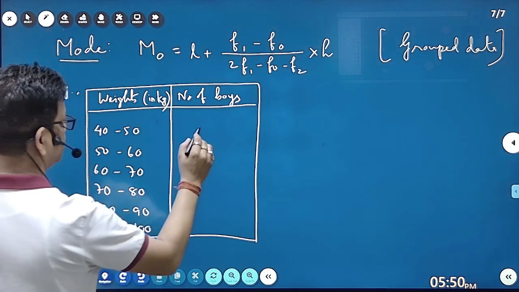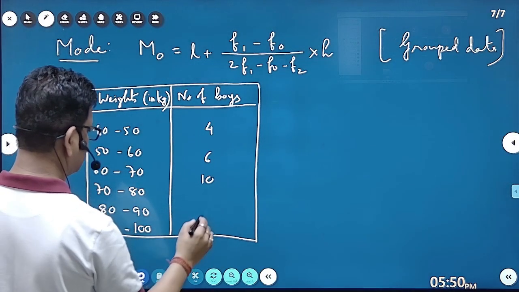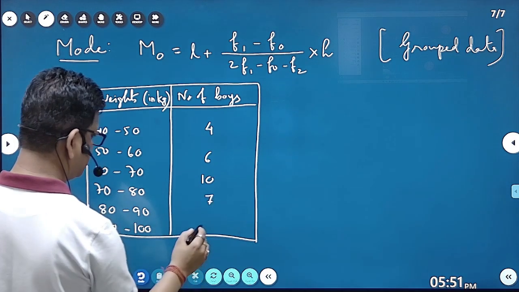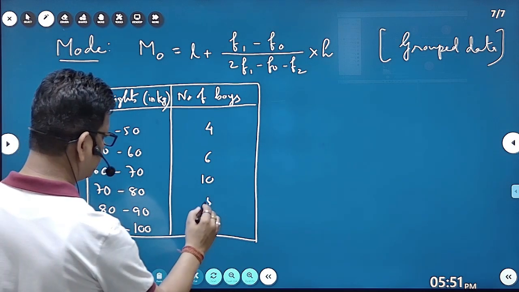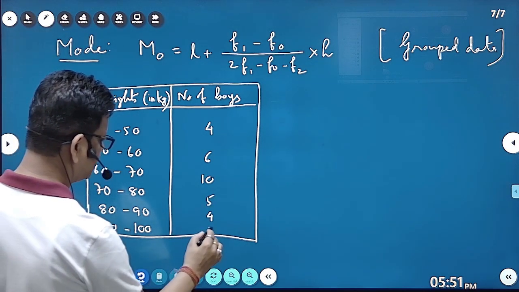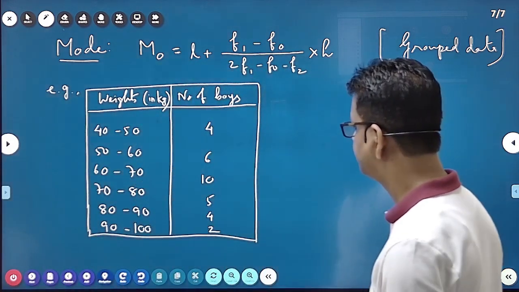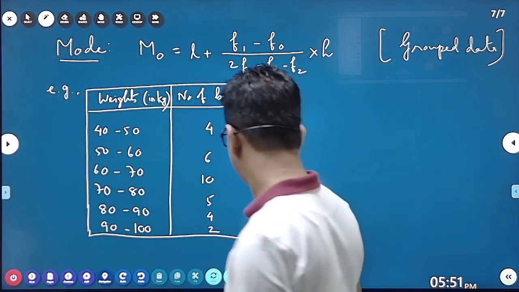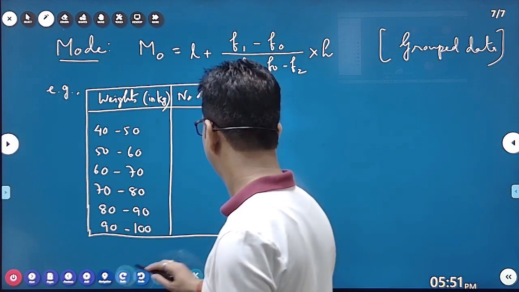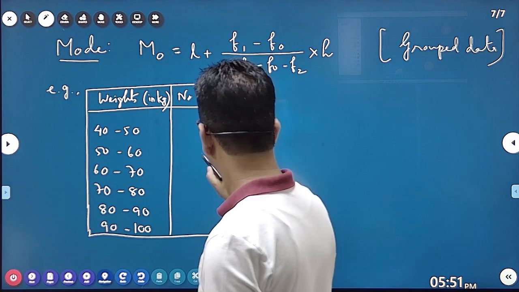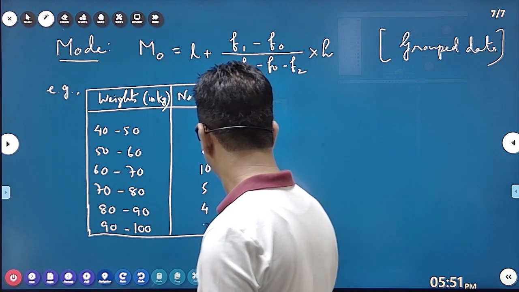Alright, so suppose, as an easy number, I am taking 4, 6, 10, suppose this is 7, suppose this is 5, suppose this is 4 and this is 2. Done. Now, tell me the numbers which I have written: 4, 6, 10, 5, 4, 2.